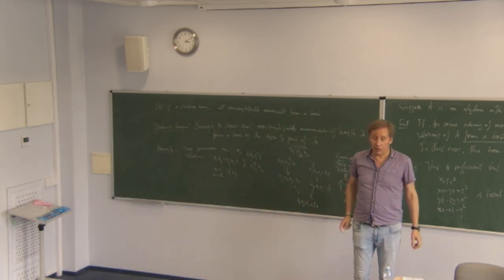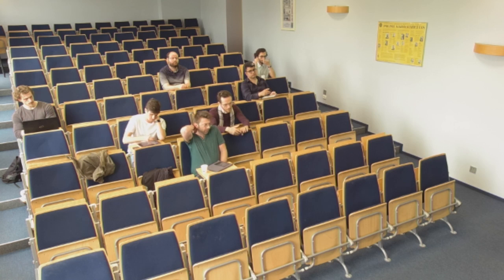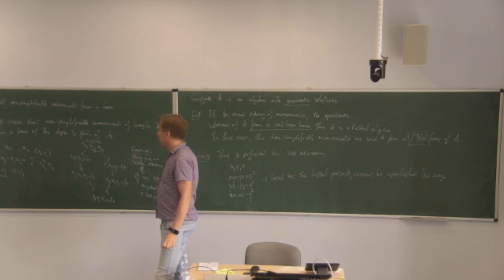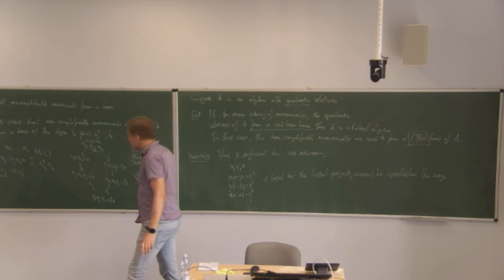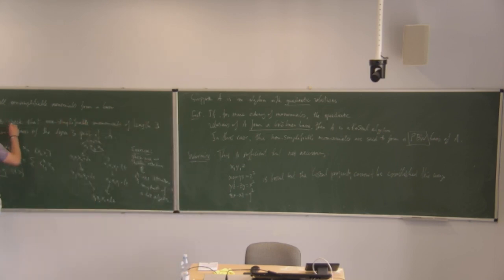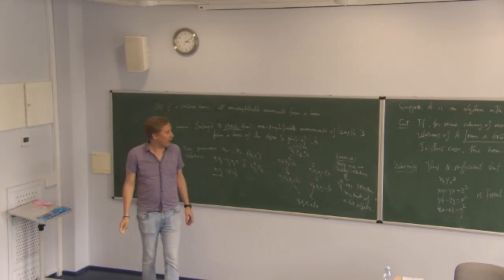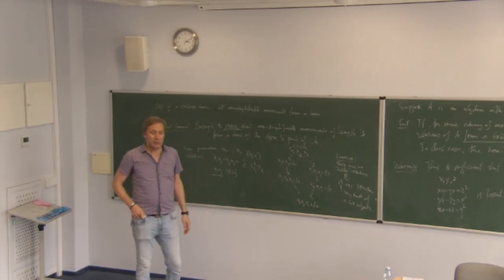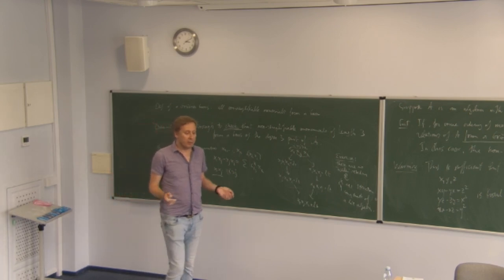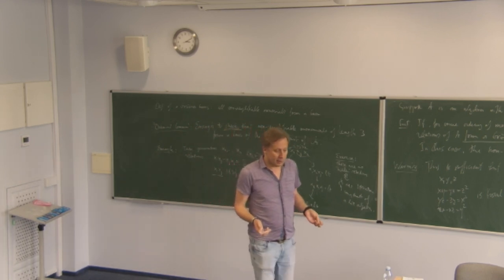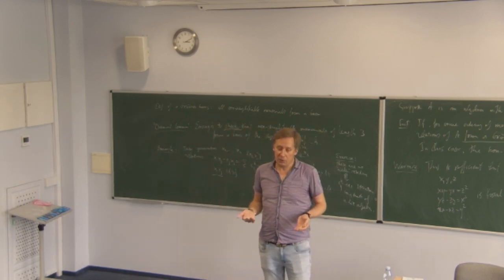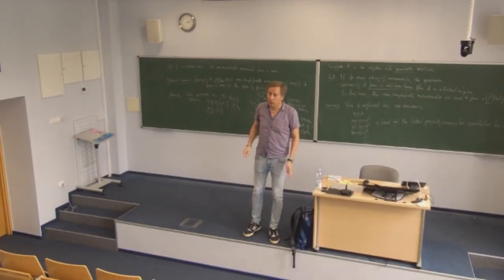Yes? Saying there are no hidden relations means that the non-simplifiable monomials are linearly independent? Let me say the following: there are several different ways to check that non-simplifiable monomials form a basis. In principle, the algorithmic way, the way you can easily teach a computer to do, is as follows.